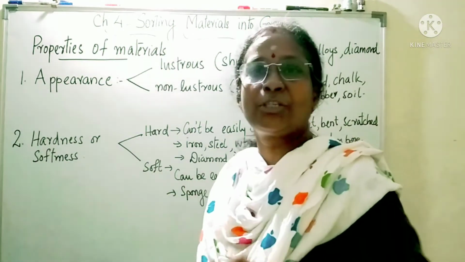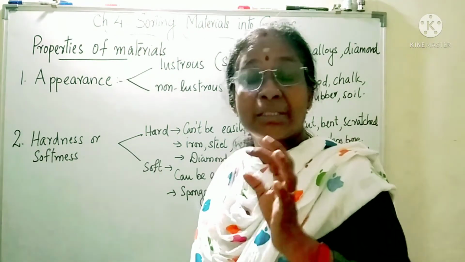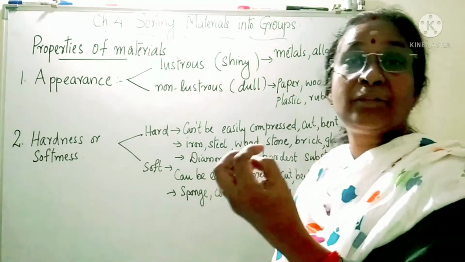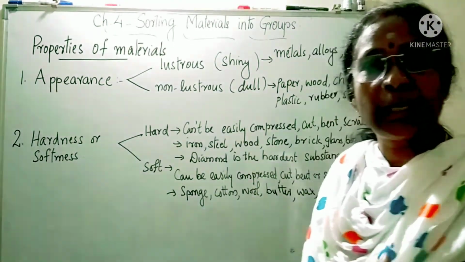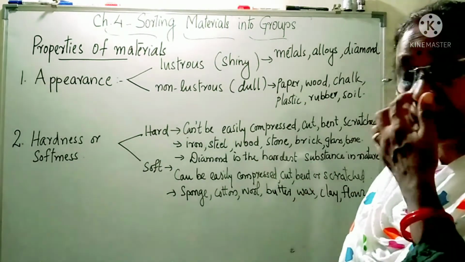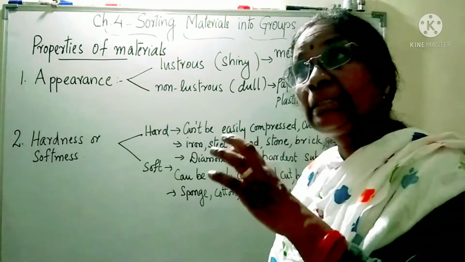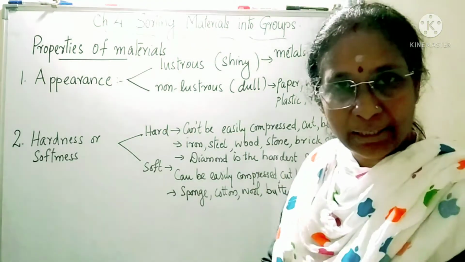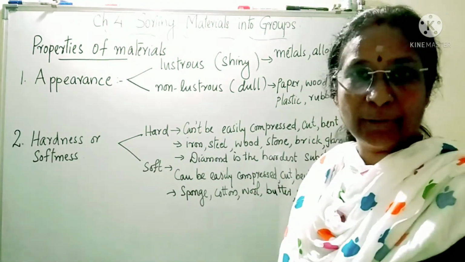Lustrous materials. Which things do usually shine? See, if you go to the kitchen, you can see if mummy has washed all the vessels and kept them, you can see those vessels shining. So usually most of the metals, they shine, like even metals and alloys. Alloys means what? Two or three metals together, they combine. Steel is an alloy.